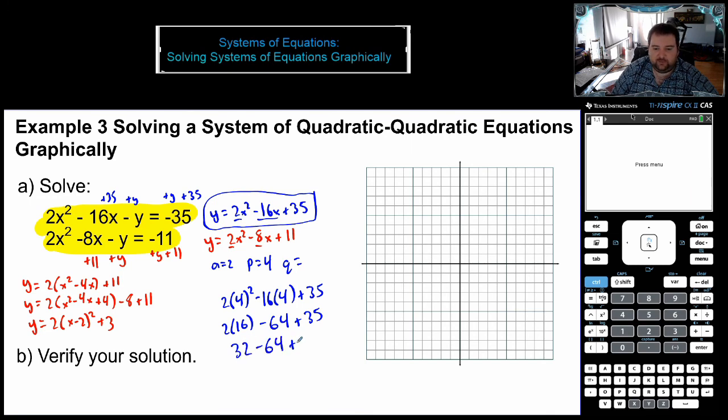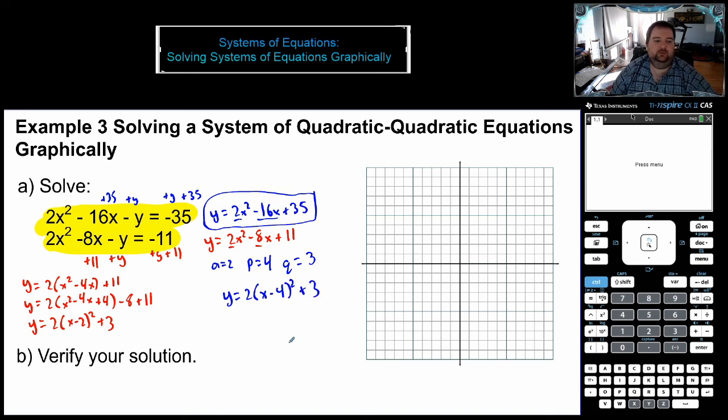Minus 64 plus 35. 32 minus 64 is negative 32. Plus 35 is positive 3. So our q value is 3. Okay, and now we have the 3 requirements for our vertex form. So we can do y equals a times x minus p squared plus q. So there we go. We have our vertex form equations for our two functions here in red.